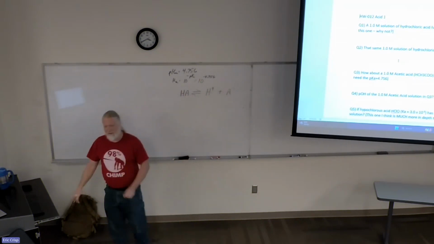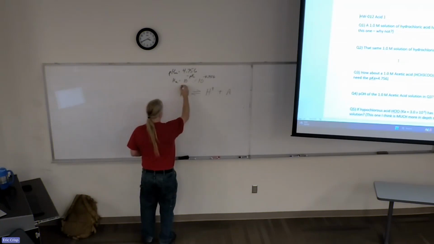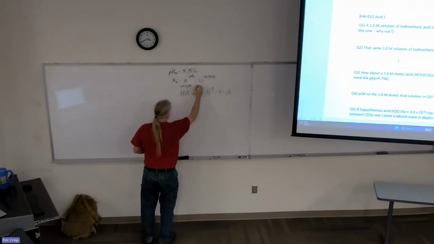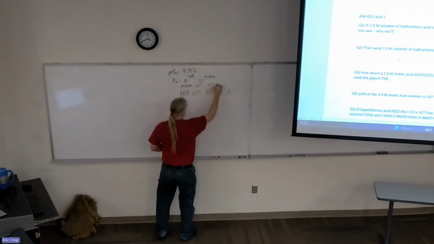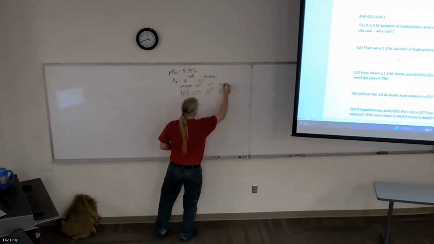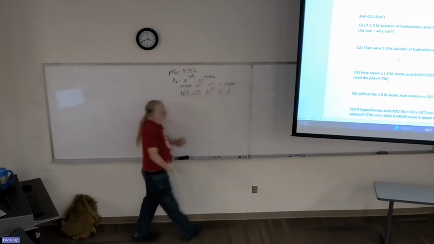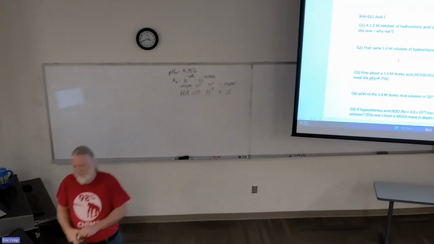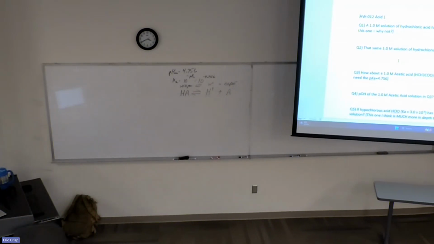Generalize. I mean, you could have written this as HCH3COO goes to H plus plus CH3COO minus, but you don't care about that acetate ion, so you can just represent it as A minus, that's fine.